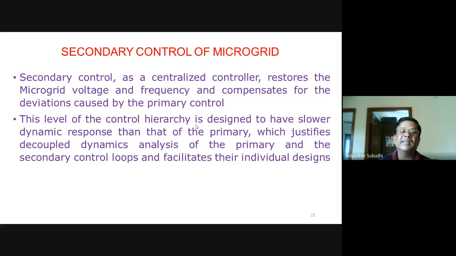That justifies decoupled dynamics analysis of the primary and secondary control loops and therefore facilitates their individual designs. Since the dynamics of the control loops are different, one is very fast, the primary control, and the secondary control is a little slower than that, we have the opportunity to design the individual level controller to facilitate the hierarchy of control.